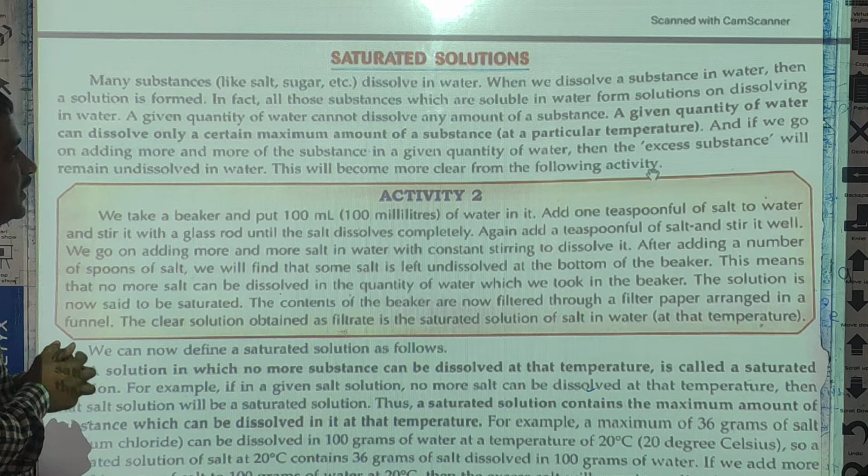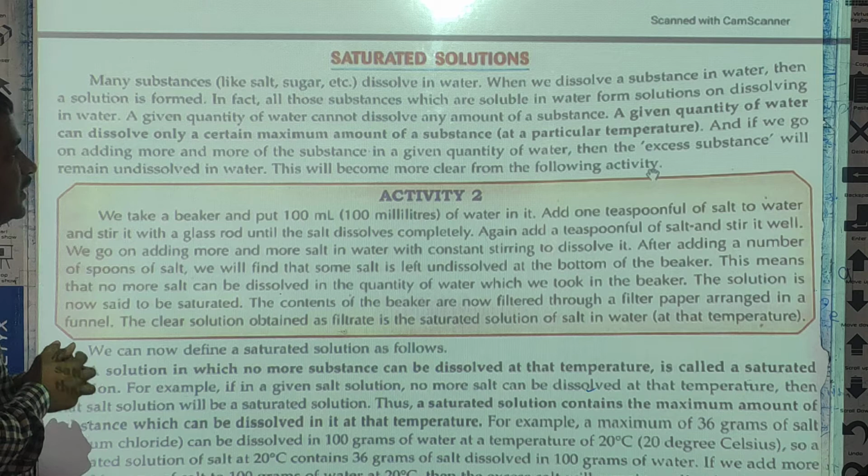So that is the saturated solution of potassium nitrate. Sodium chloride, 100 grams of water can dissolve 36 grams. Then last, 100 grams of water can dissolve 204 grams of sugar.